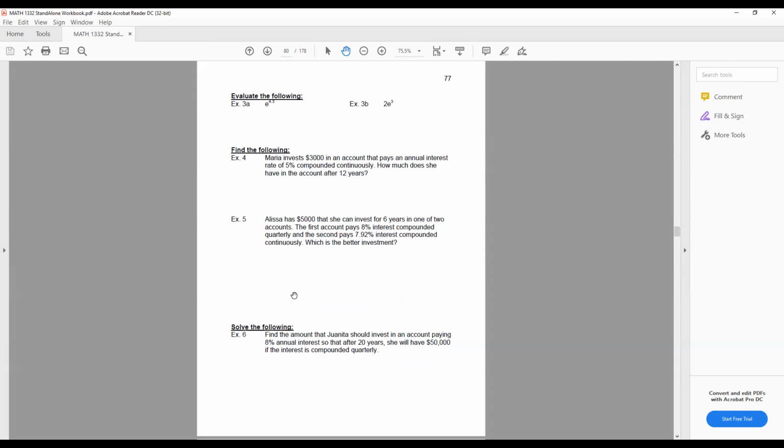For the formula, it'd be 5,000 E. And then the rate is, the first account says quarterly, so it'd be, yeah, so you have two formulas at once. You gotta compare them. So that'd be 0.08 by 4.